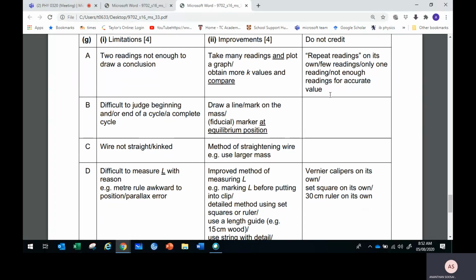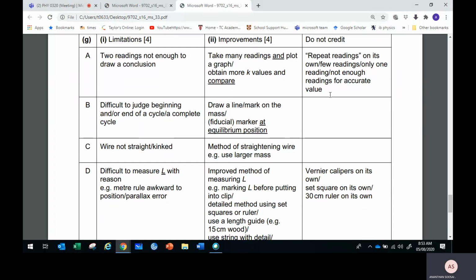Out of 8 marks, 2 marks are always a standard answer. You can always use that. What are the 2 standard answers? The first one: the reading is not enough to draw a conclusion. 2 data cannot conclude the relation. 2 data is very limited. Okay, so that's the limitation. The improvement, what do you do?